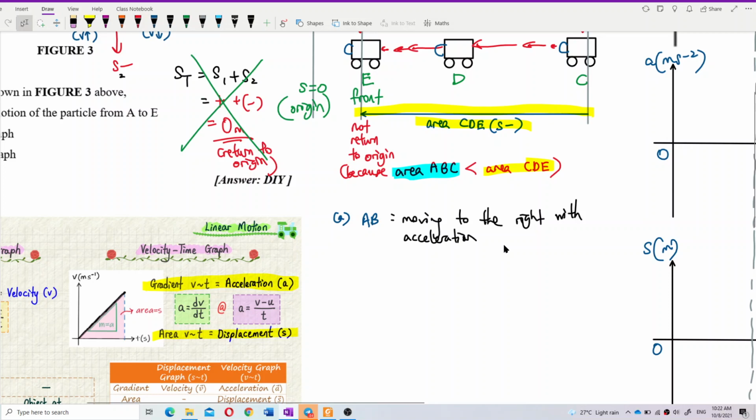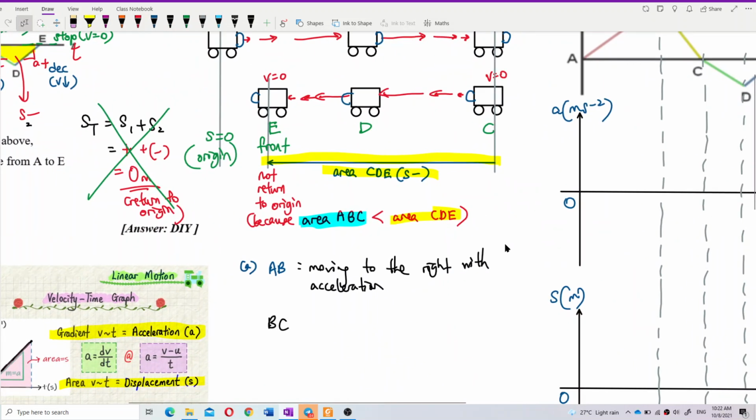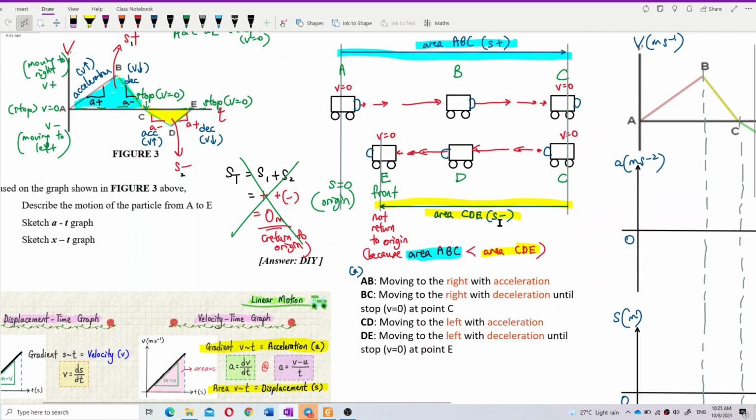Sorry for waiting. Okay, I've written it down here. If you look at AB, the car is moving to the right with acceleration, becoming faster and faster.